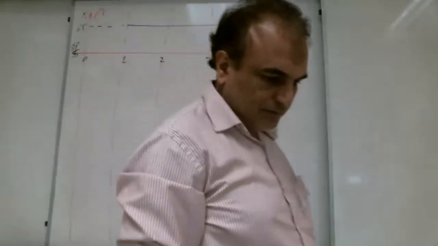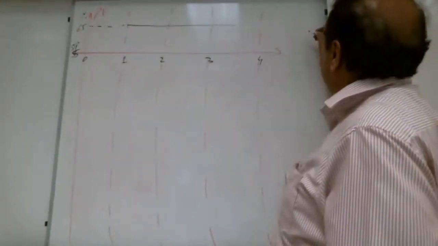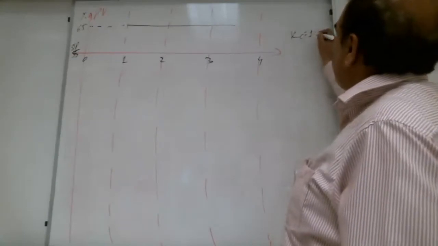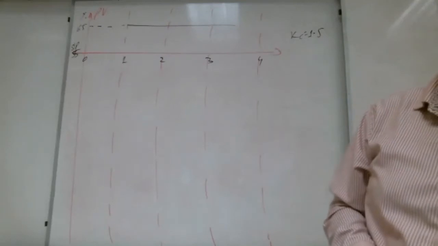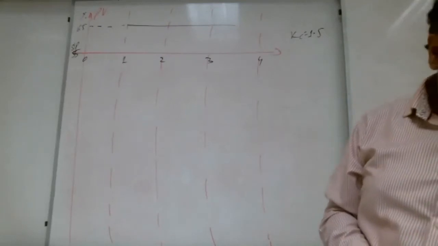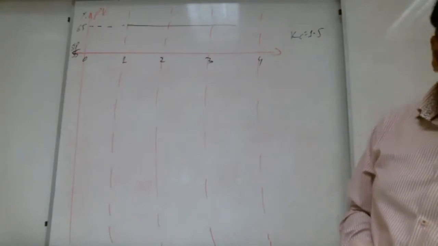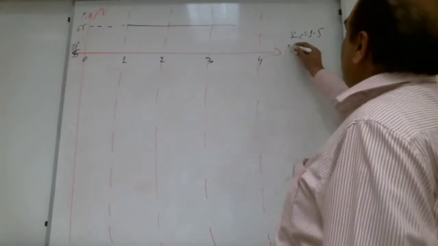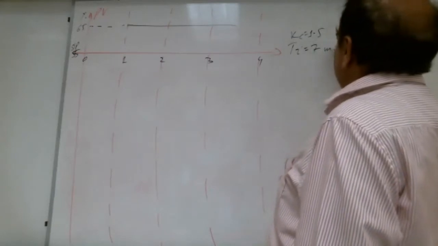Right, Shabab? KC is 1.5. Reset TI is 7 minutes.